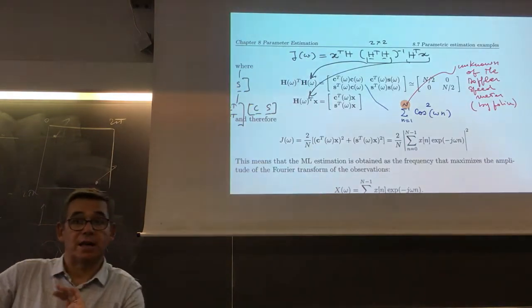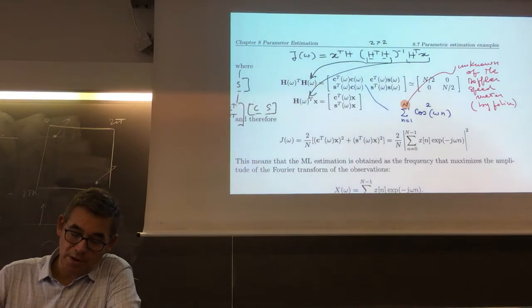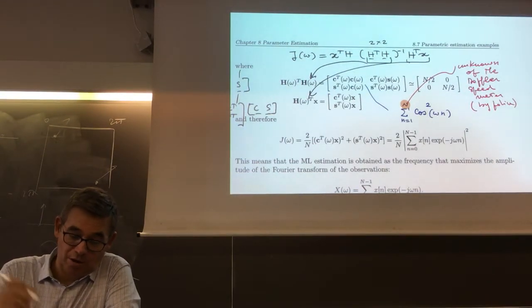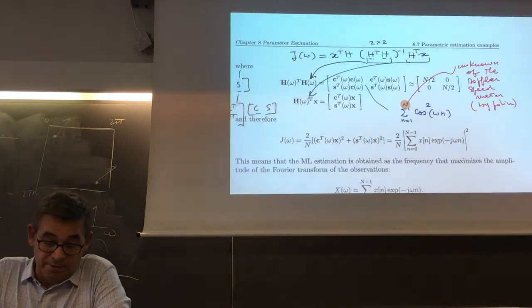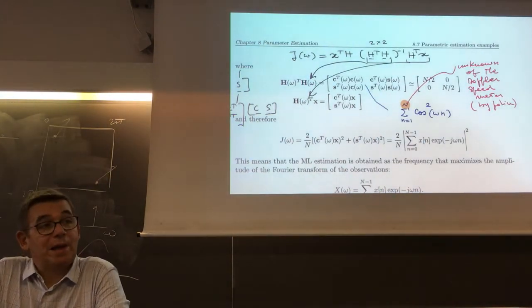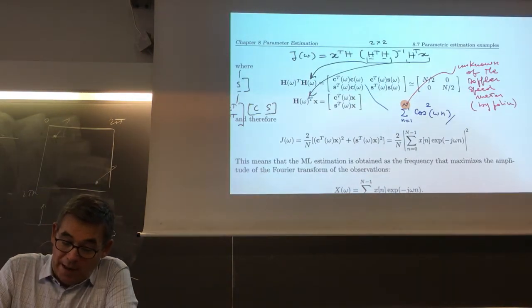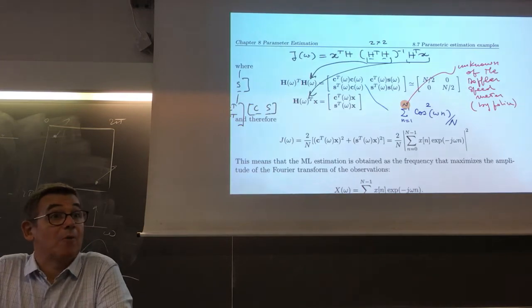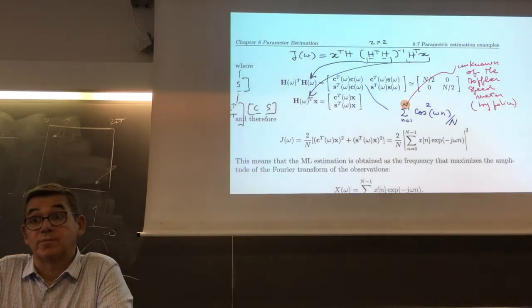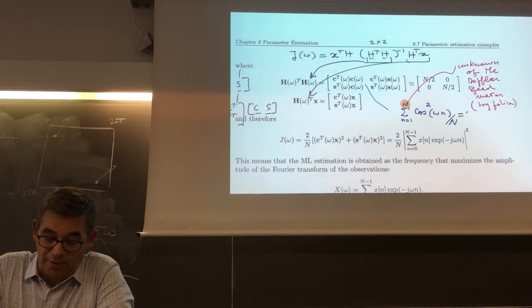So my unknown is N, so I analyze the problem in a general sense. What is this cosine omega n squared? If I divide by N, this is the power of a sinusoid, which is equal to 1/2.